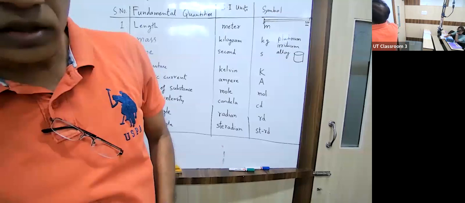Consider a straight line path between A and B. Consider a man starts walking. Let us say this is at 50 meters and this is at 100 meters. This is 0 and 100. This is point B. So the motion is like this.